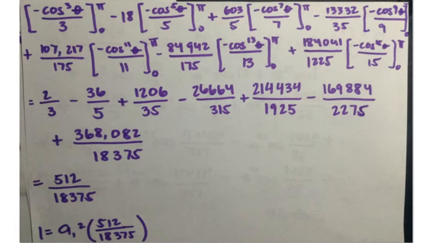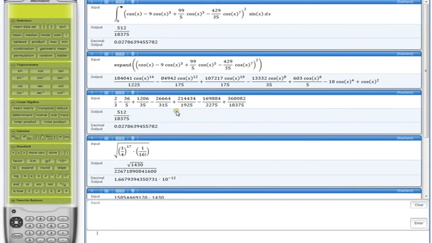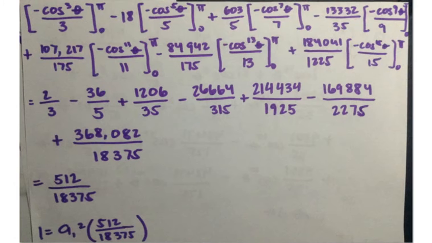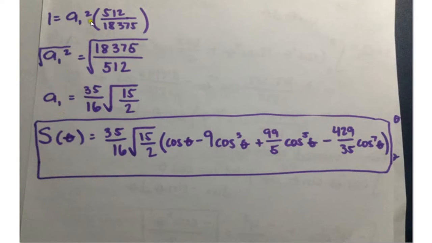And by using the software I'm using to simplify the equation, I also got 512 over 18,375, which is the same value if you input the whole integration without simplifying anything from it. I got the same value, which is 512 over 18,375. So going back to the equation, 1 is equal to a1 squared times 512 over 18,375.